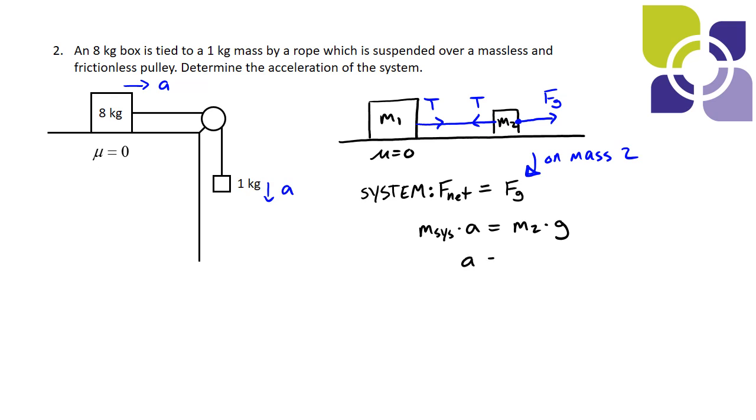And we can rearrange this equation nicely. The acceleration is m2g divided by the mass of the system, and the mass of the system is just going to be mass 1 plus mass 2.